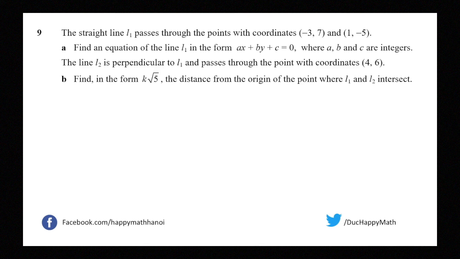Question 9. Find the equation of the line L1 in the form, it's just like the general form. First, you find the gradient of the line. After you calculate, you will get that the gradient is minus 3, and the point I will choose is 1, minus 5, and you will get that y will be equal to minus 3x plus 2.